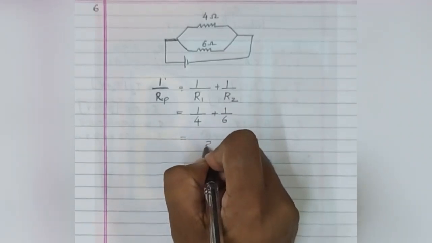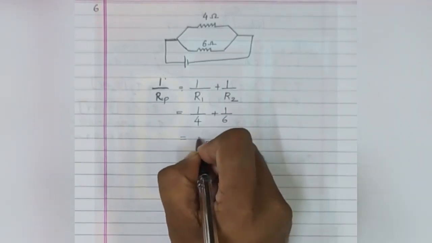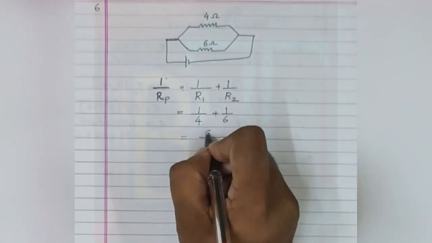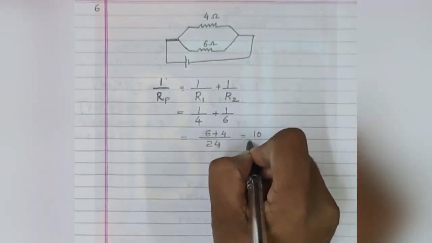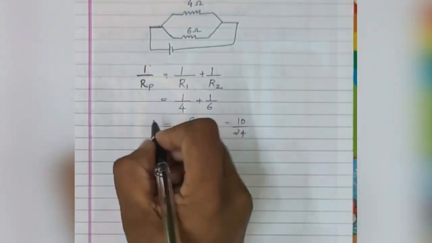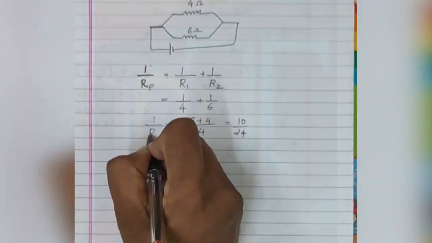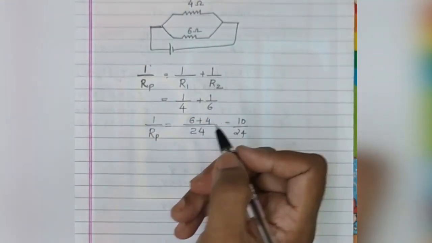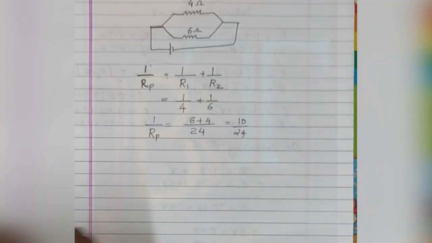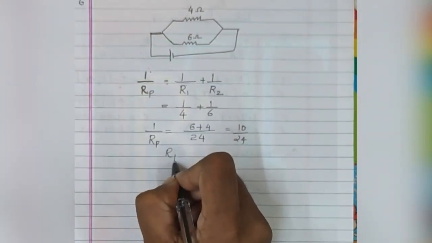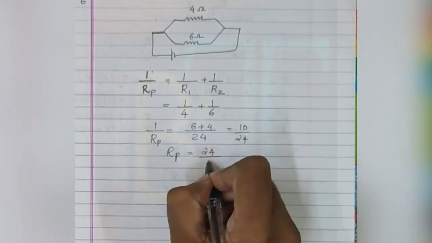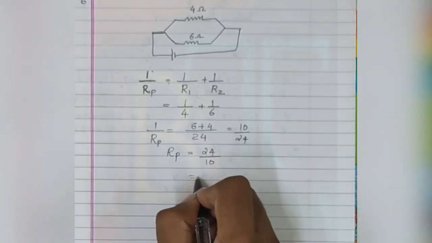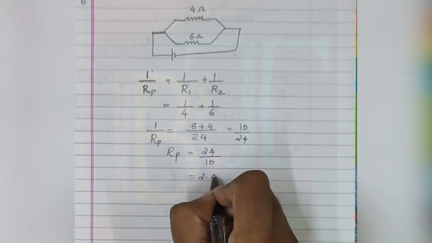The LCM is 24. So it is 6 plus 4, which is 10 by 24. So the reciprocal of the resistance of the parallel connection is equal to 10 by 24. So the resistance of the parallel connection is 24 by 10, which is 2.4 ohm.